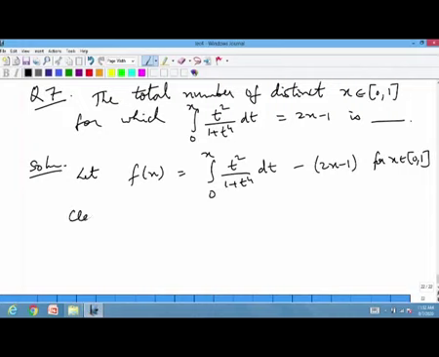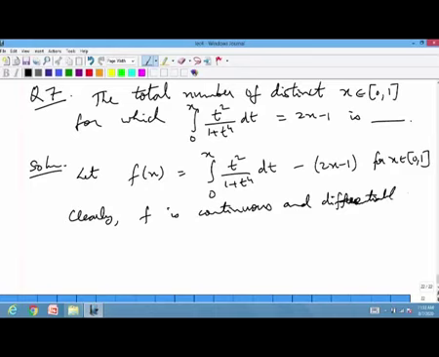So, clearly f is a continuous and differentiable function.